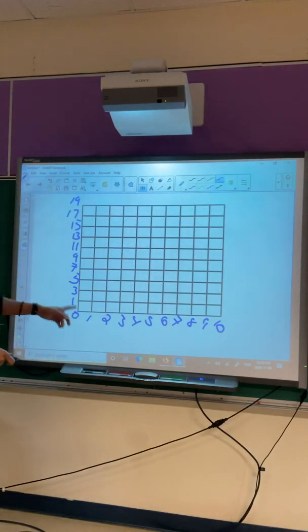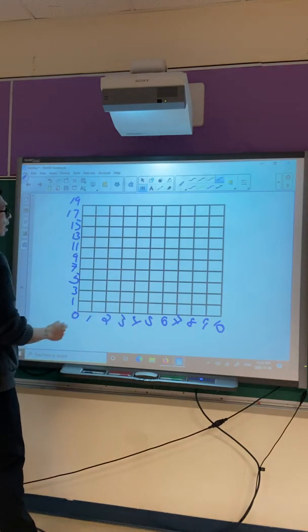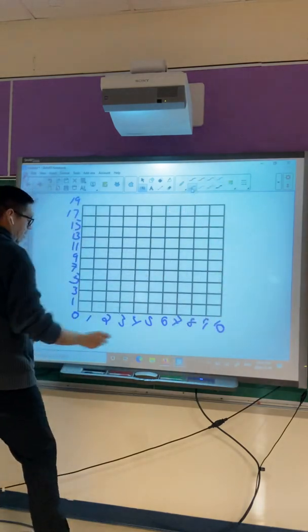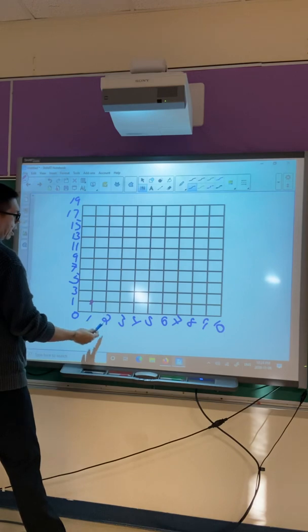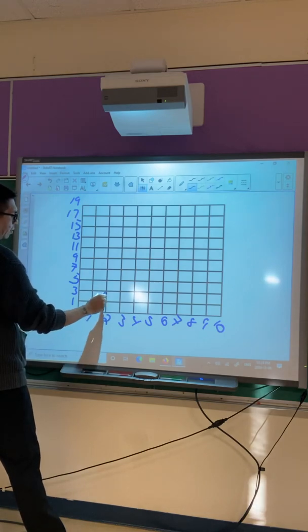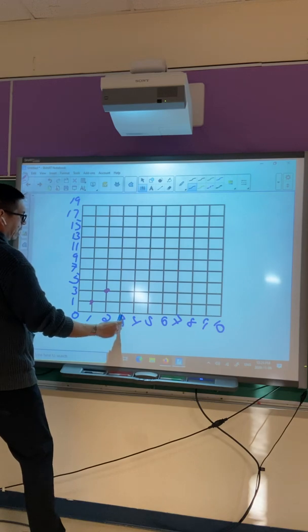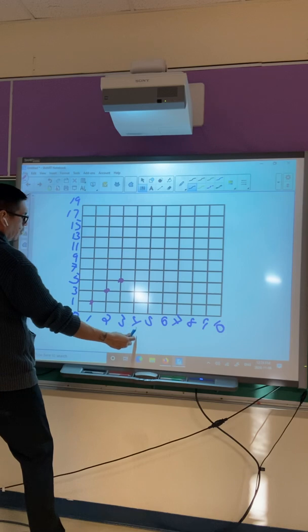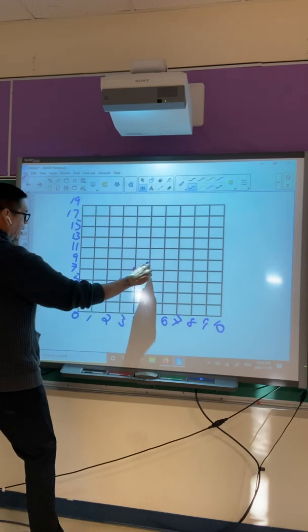So when x was 1, y was 1, so we put our dot here. When x was 2, y was 3. When x was 3, y was 5. When x was 4, y was 7. And we see the pattern.